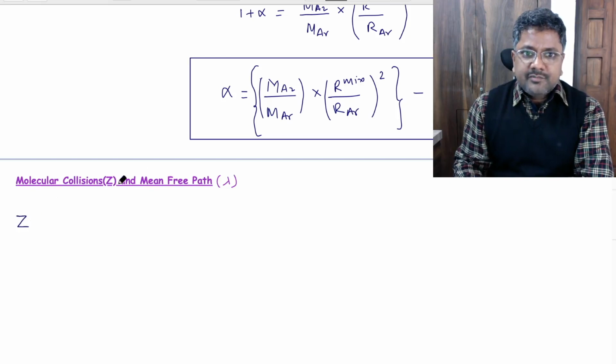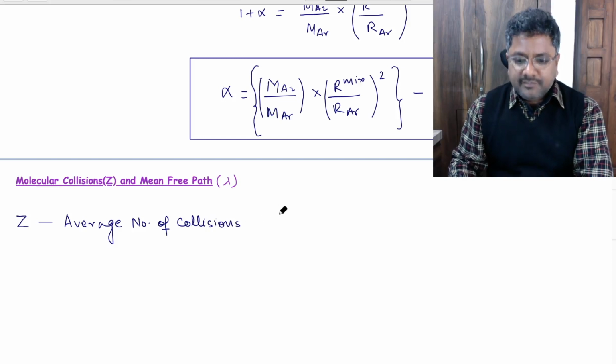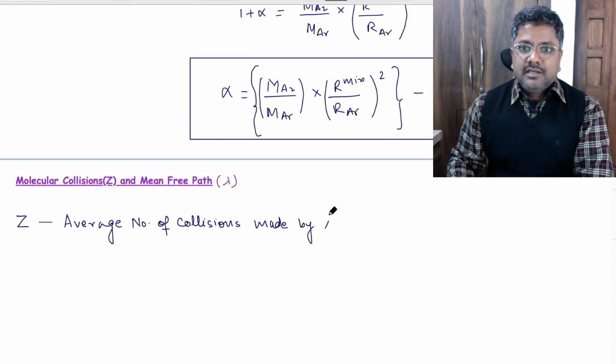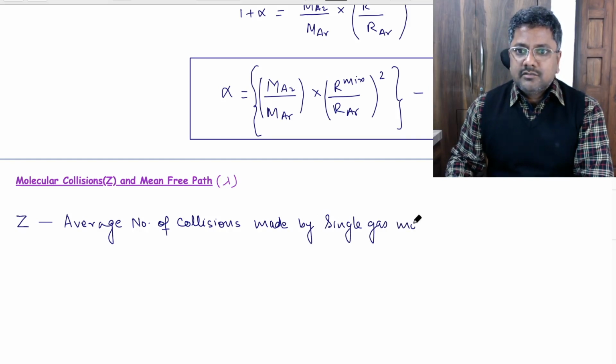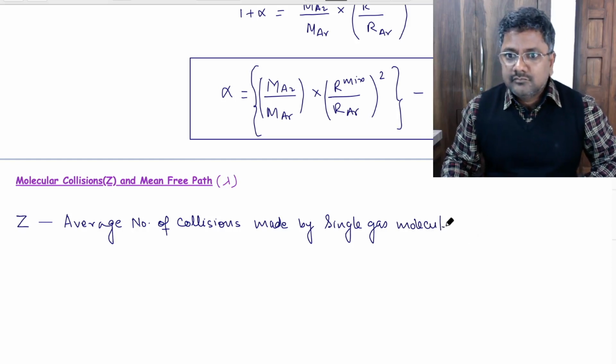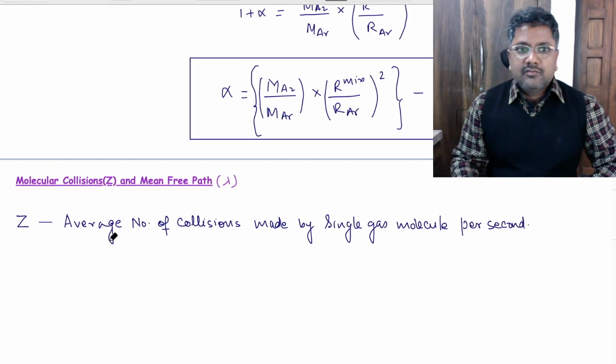We can define, it is represented by Z, and it is defined as the number of collisions, or you can say more precisely average number of collisions made by single gas molecule per second, and what is the unit of this?